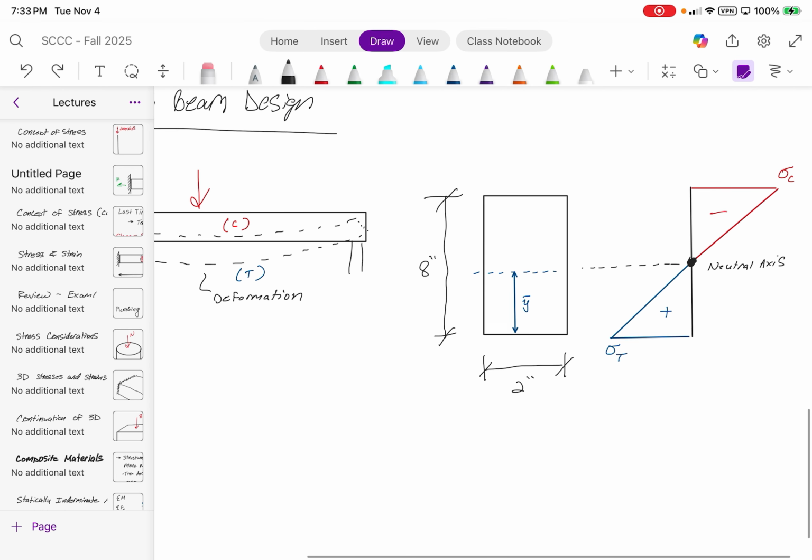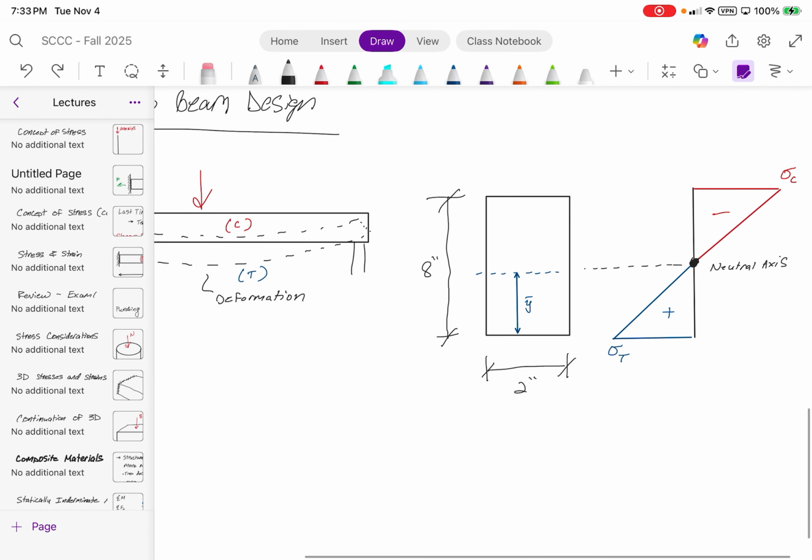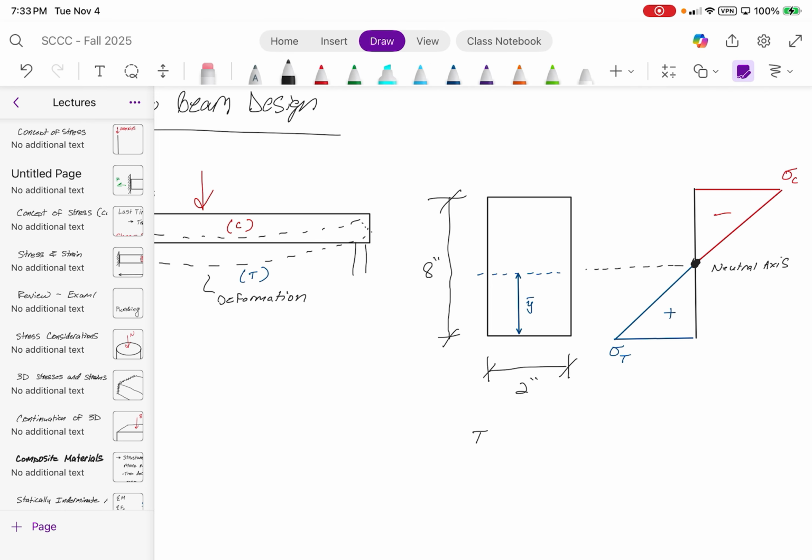So, when you are solving problems that aren't as simple as this rectangular shape, one of the things that you would need to do is compute what your Ix is, as well as your Y bar. This Ix value, what is Ix for a rectangular shape? Like the formula? Yeah. B H cubed over 12. And so if you plug it into the calculator, what do you guys get for Ix?